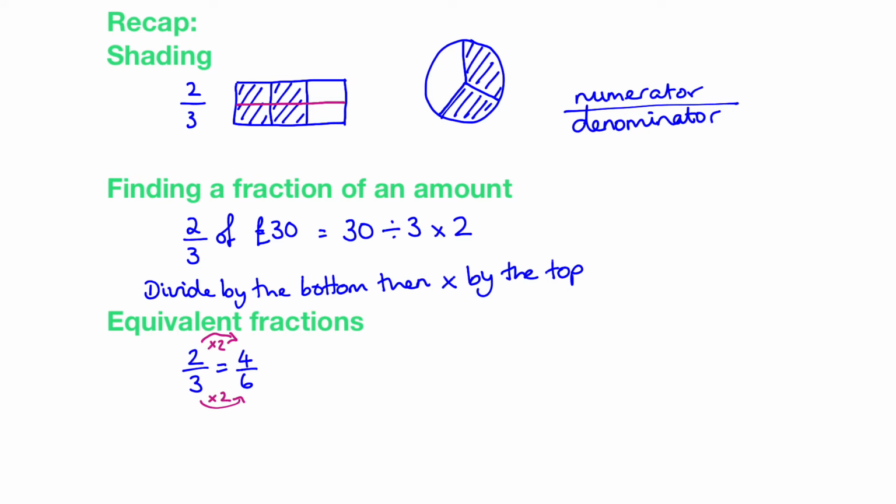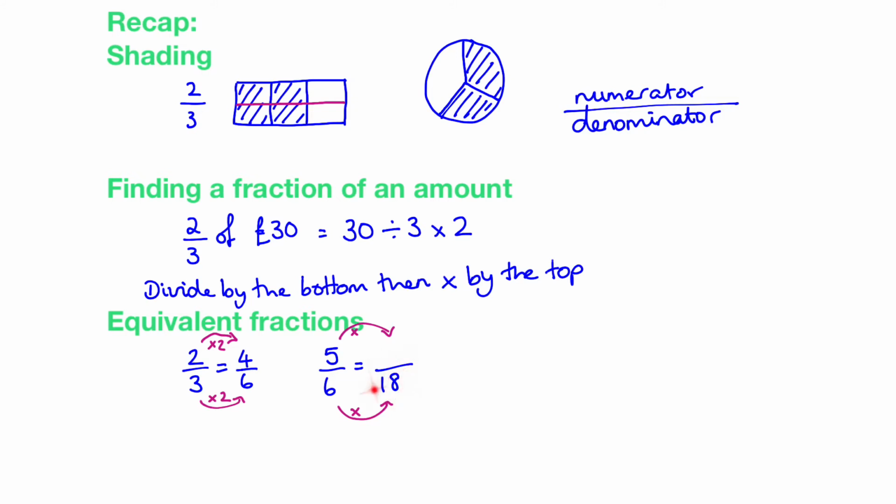When we're finding a missing number in an equivalent fraction, let's say we've got 5/6 and that is something over 18, and we need to find the something. We have to use this concept here, that to create equivalent fractions, both the top and the bottom have to be multiplied by the same amount. So we have to work out what amount that is, because we've already got one of the numbers, haven't we?